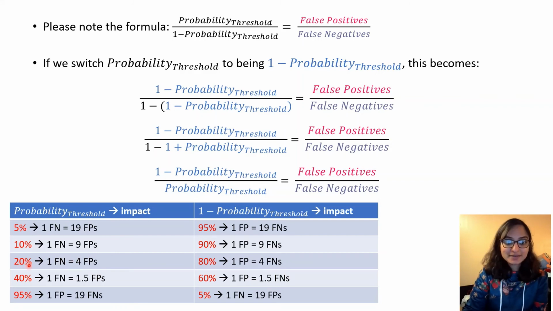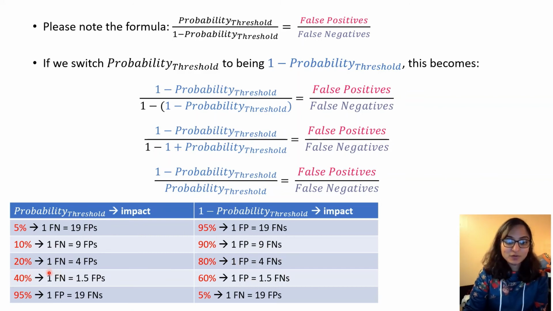For 20%, one false negative, as we just saw in the previous example, equals 4 false positives, and then the opposite, 80%, showed that one false positive equals 4 false negatives.